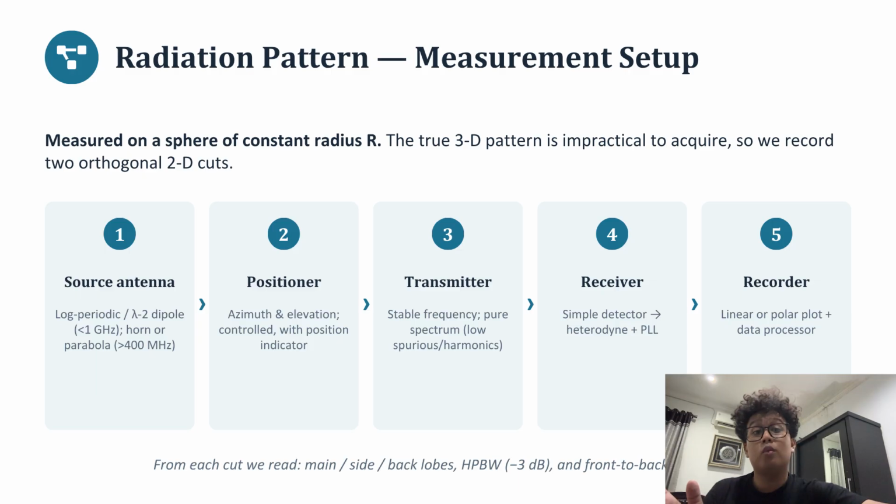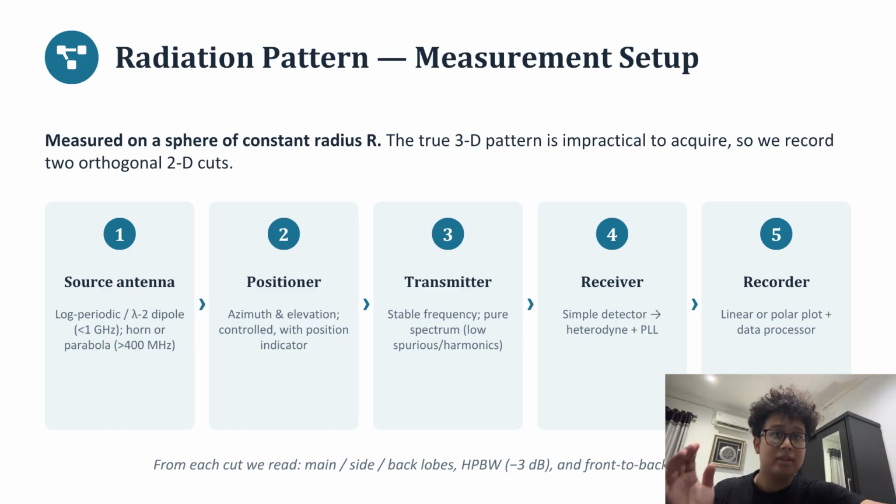Now, the radiation pattern. We measure it on a sphere of constant radius r around the antenna. A full 3D pattern would take forever to capture, so instead, we take two flat cuts that are perpendicular to each other. Here's the measurement chain.